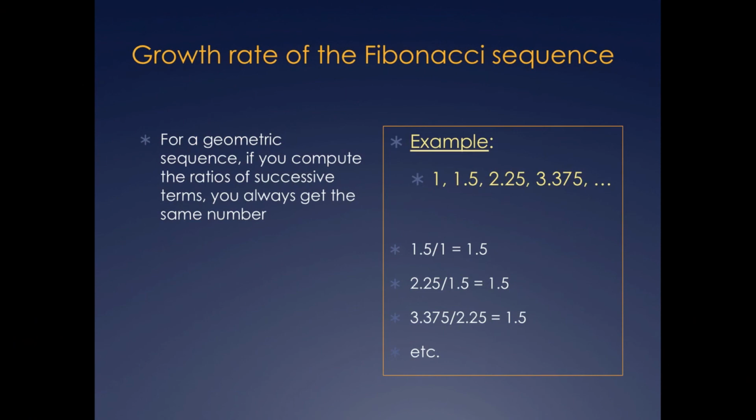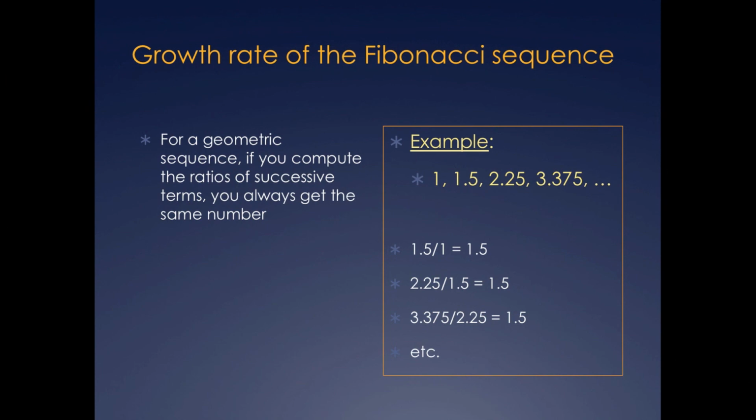Now, the Fibonacci sequence is not a geometric sequence. And how do I know that? Well, if you have a geometric sequence and you compute the ratio of successive terms, so what you get by dividing one term by the previous term, you will always get the same number, no matter where in the sequence you do that.